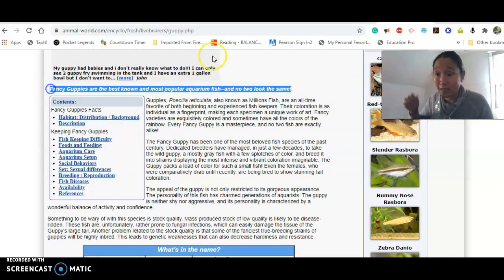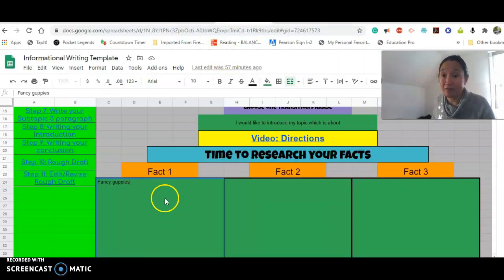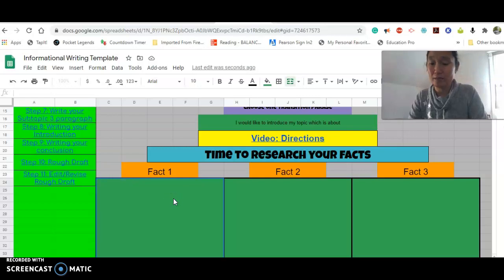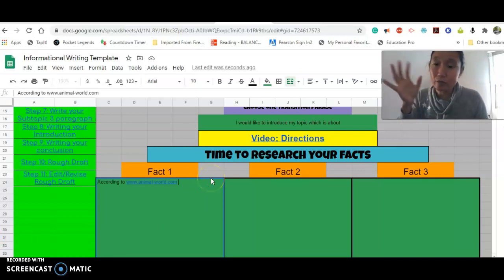Right here, I can say Control C, and I can type in, according to www.animalworld.com, and then I'm going to put quotes.